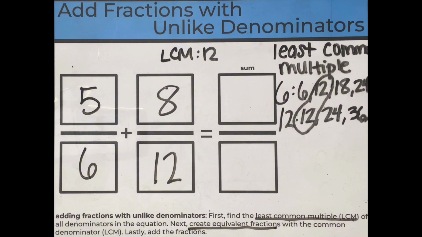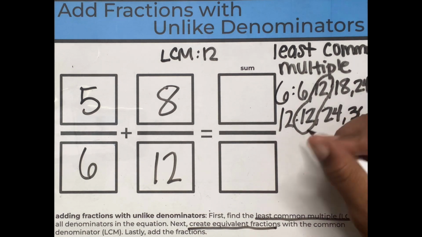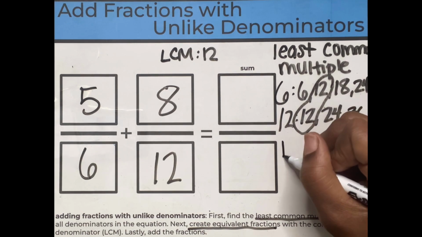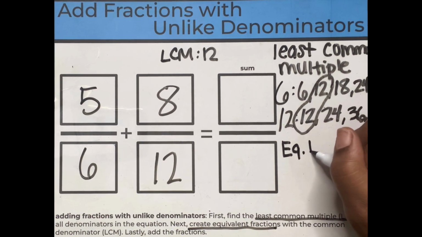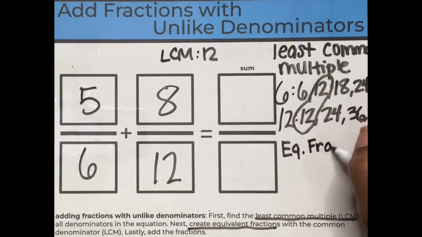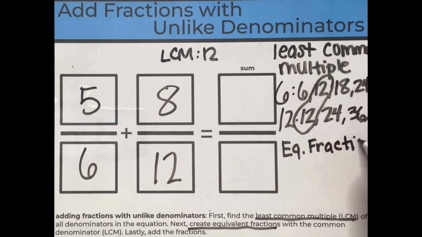You learned this last year in 4th grade. Okay, equivalent fractions, hopefully you said, are fractions that are equal to each other or have the same value, but they look different. Okay, we're going to have different numbers in our numerator and our denominator.